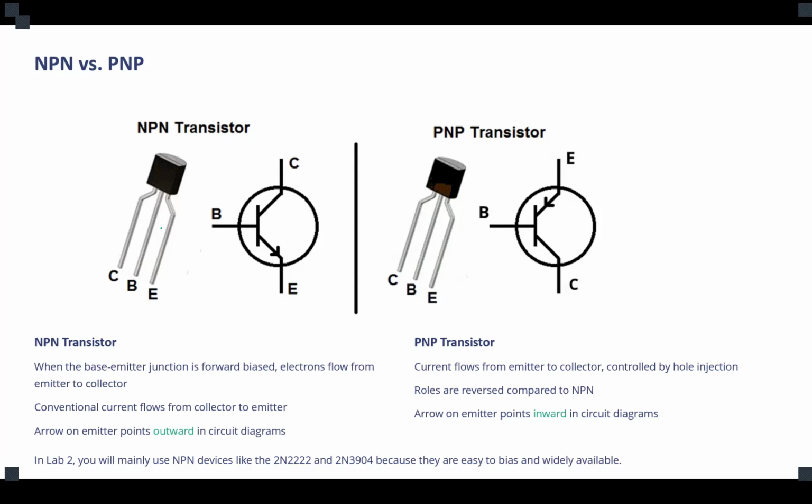Okay? Now, one of the most important differences that you have to pay attention to between the BJTs and MOSFET is that in MOSFET, our control signal is a voltage. So we apply voltage between gate and source, and then we turn on our switch to conduct the current between drain and source. In BJT, the control signal is current.